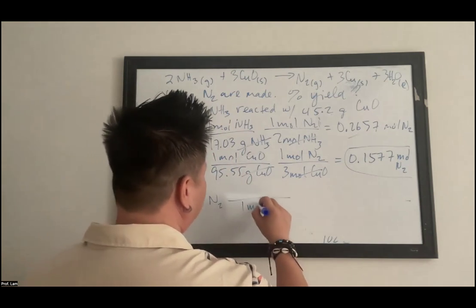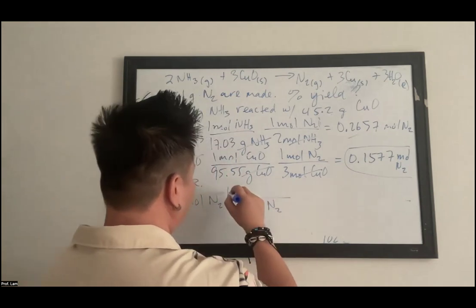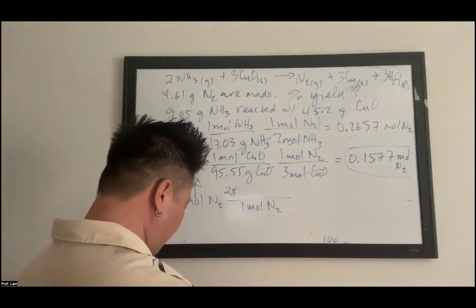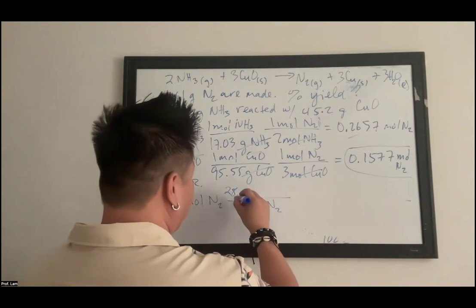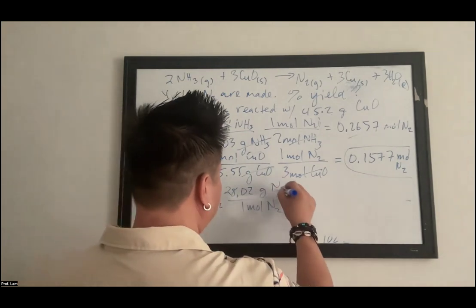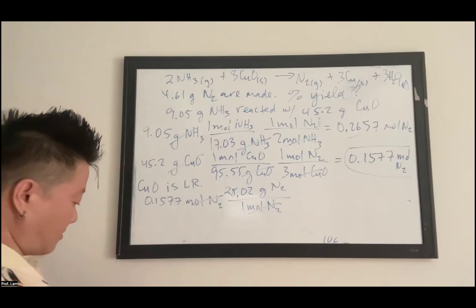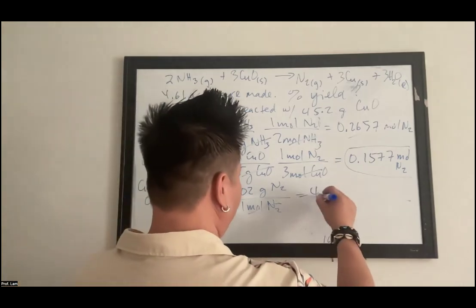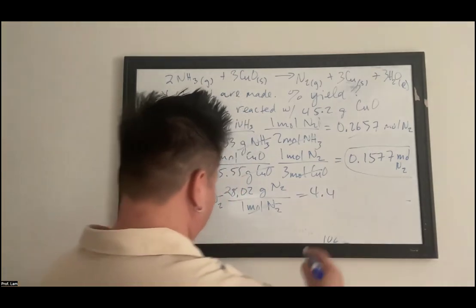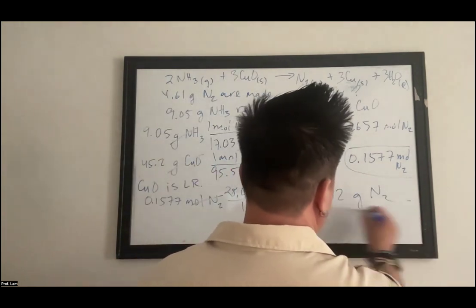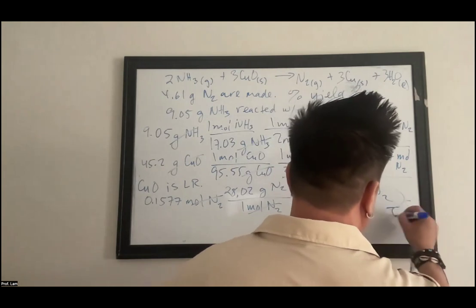So 1 mole of N2 is on bottom, 28.02 grams of N2 on top. So we get 4.42 grams of N2. So this is going to be our theoretical yield.